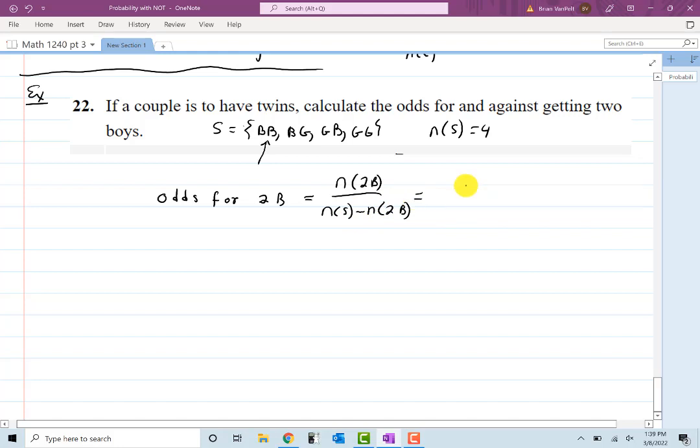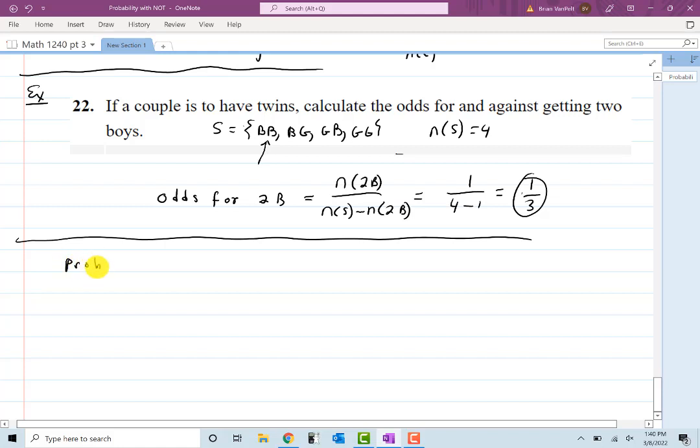Well, the size of 2 boys, there was only one of those. Then the size of s was 4. The size of 2B is 1, so we have 1 out of 3. So keep this in mind. It's 1 for and 3 against. Together they add up to 4.